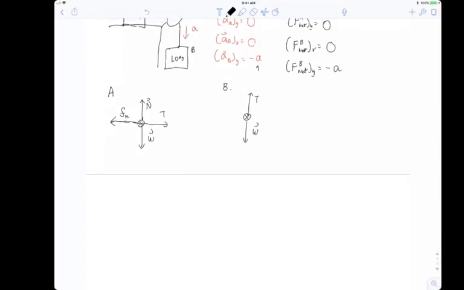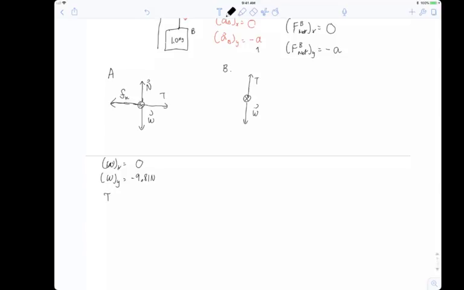So let's write out the different forces for A, starting with the weight. Weight in the x direction is 0, and weight in the y direction is minus 19.6 newtons.